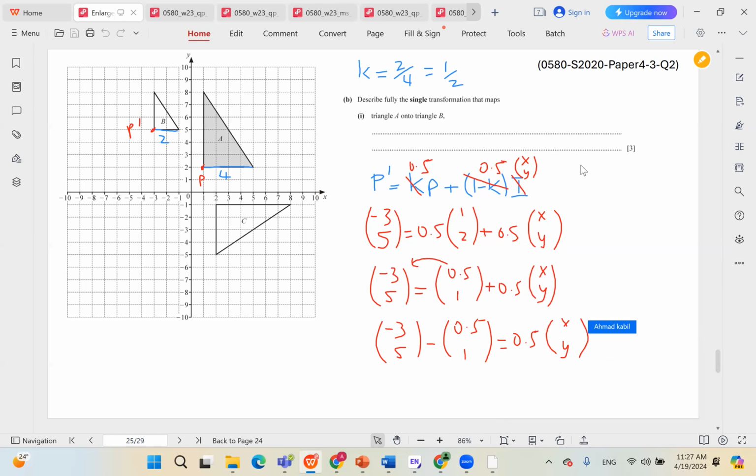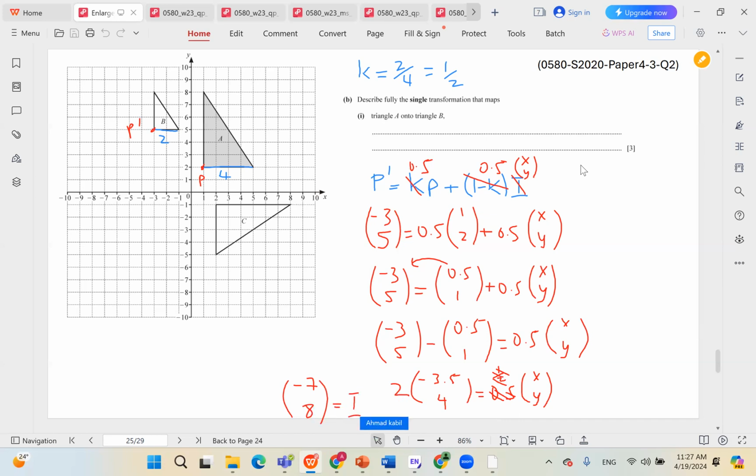Now just simplify, you get -3.5 and 4, and these are equal to 0.5 xy. So you want to take the half to the other side, and when you take it to the other side, it becomes 2. So you just multiply this vector by 2, and you get a final answer of -7 and 8.